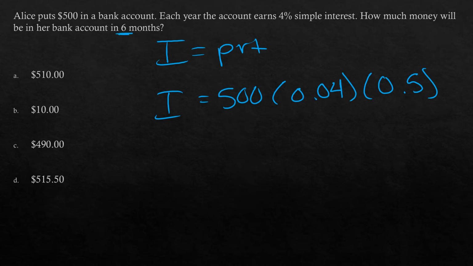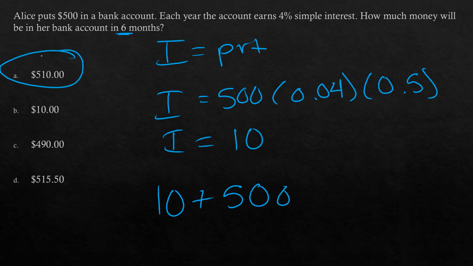So 6 months is half of 1 year, which is why I'm doing this 0.5. Again, type that into a calculator. So 500 times 0.04 times 0.5 is going to give me $10. So I need to take that 10 and add it to my 500 to get $510.